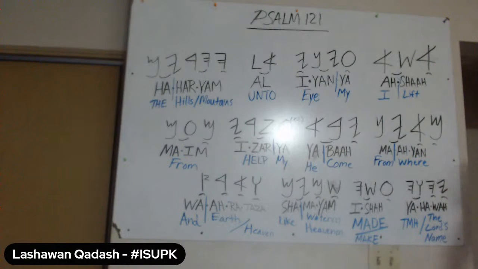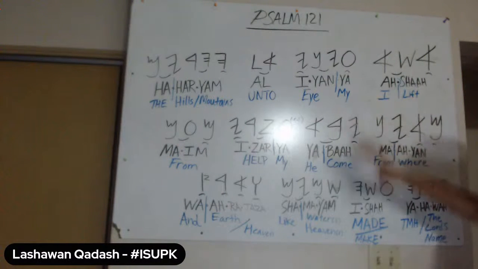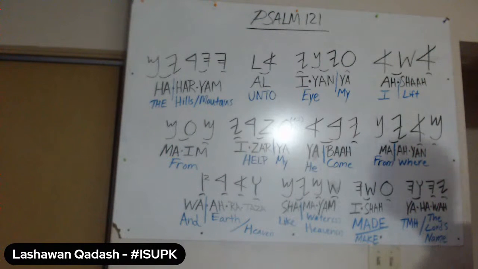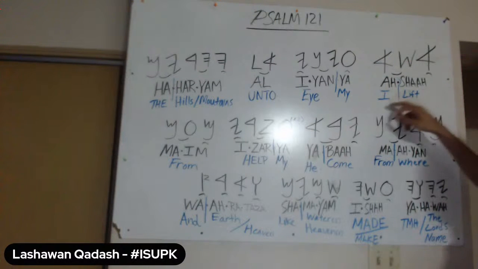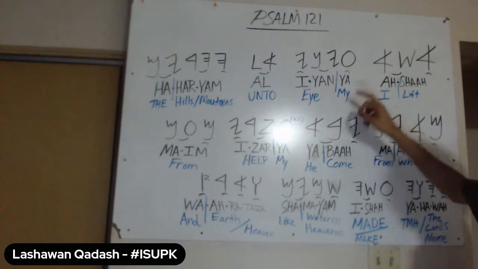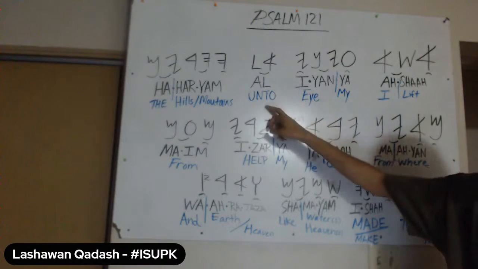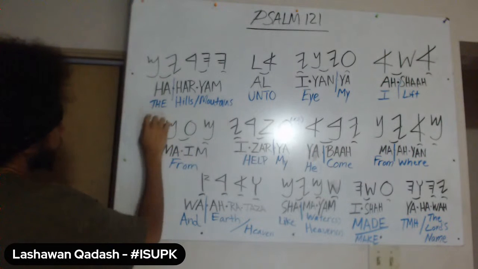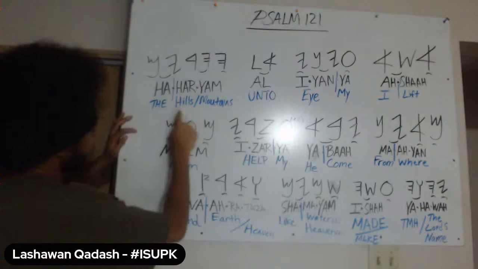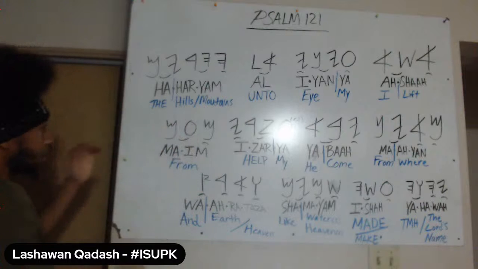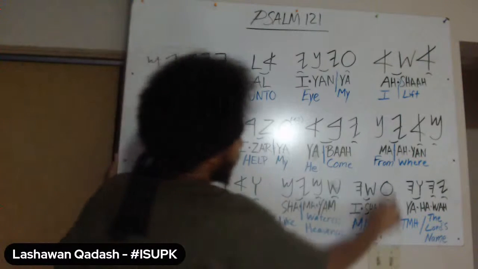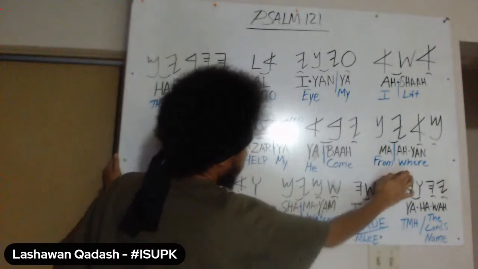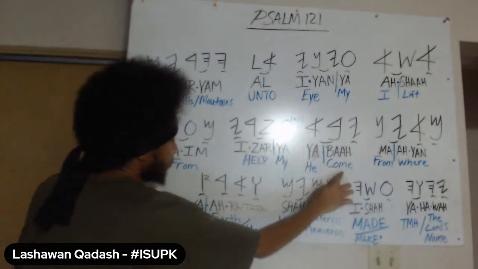All right. So we have for the beginning, the starting point of Psalms 121, prayer breakdown in the Hebrew. Asha'ah, I lift. Ayanya, my eye. Av, unto. Ha-harim, the hills, which this is going to be right here. It's going to be the hills, okay? Mayan, from where. Yaba'ah, he come.